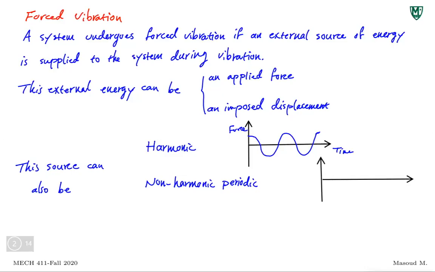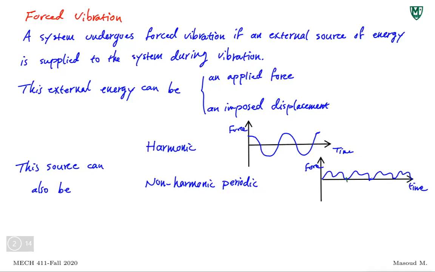Well, if I have a system, let's say some force is applied to it, let's say it's like this. This is the force, and then it repeats itself. Right? It's supposed to look the same. So it's not harmonic, it's not a sine or cosine function, but it is periodic.